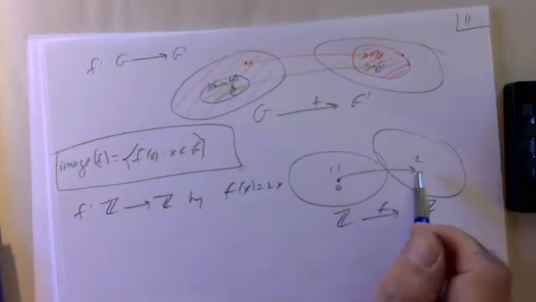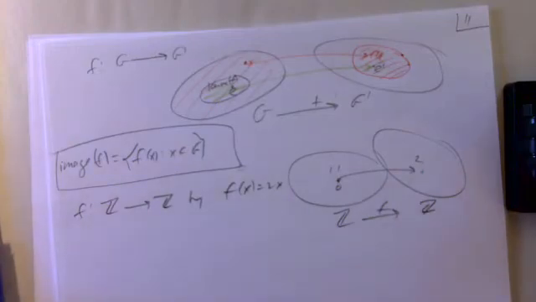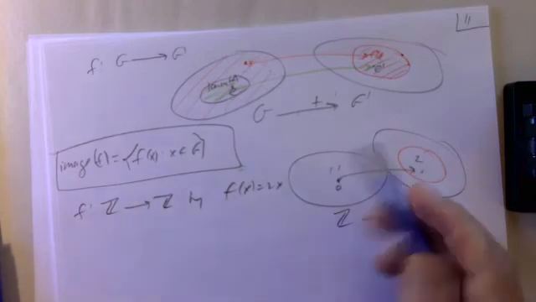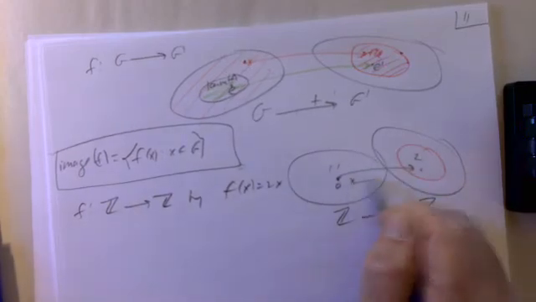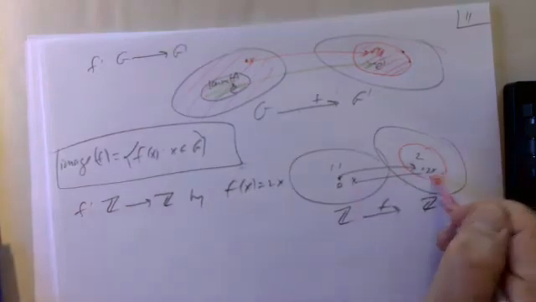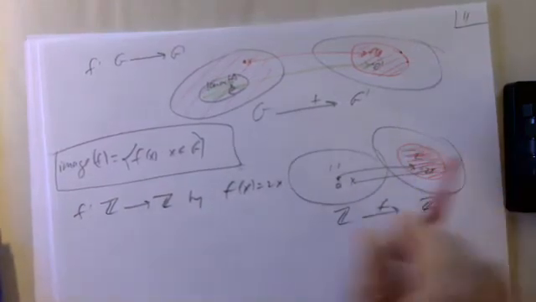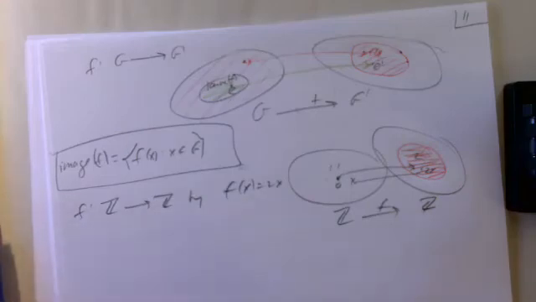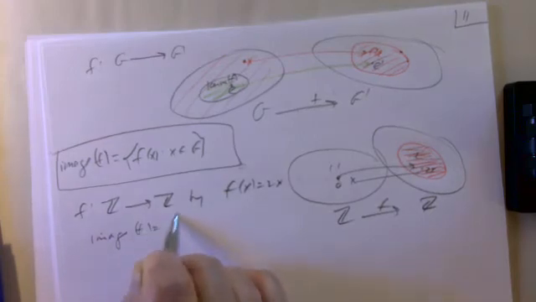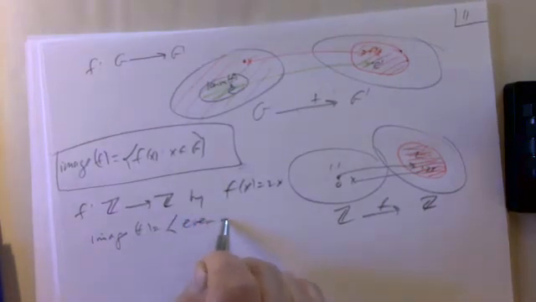What is the image? Well, the integer x goes to 2x. Everything in the image is even. So this is all the even numbers. So for this function, the image of f is the set of even numbers.